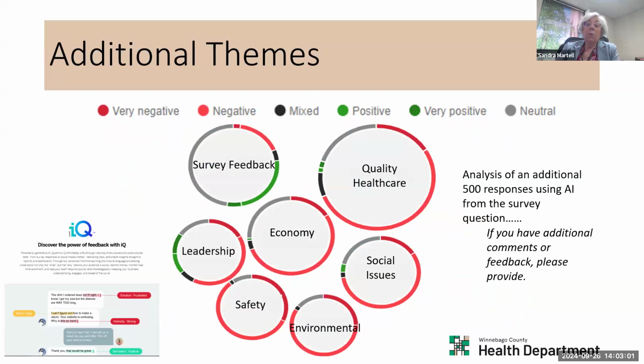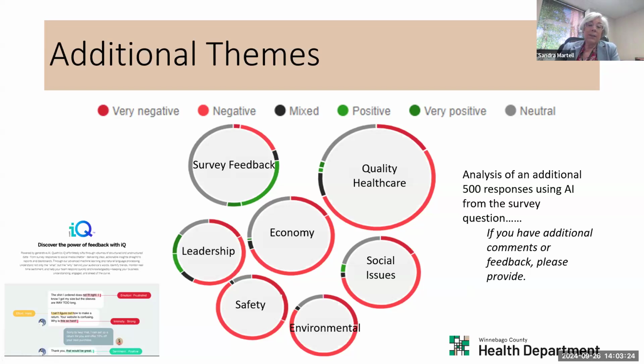I think we were blown away by the number of individuals who gave us additional comments of all sorts. And it was our first foray into using some artificial intelligence to analyze it, because we had not anticipated having to analyze this amount. And you can see the size of the circle again is the frequency of the response.